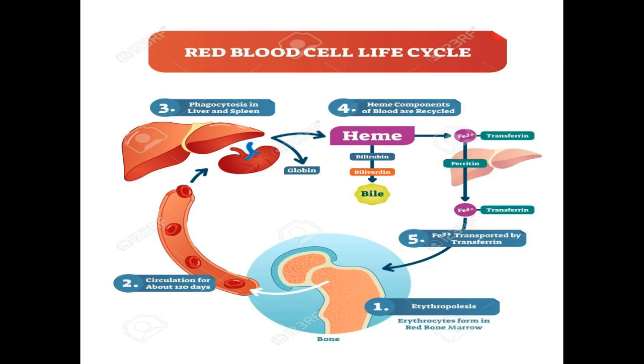Bile helps you emulsify fat. So the 120-day-old cell is recycled or broken apart between the liver and the spleen. The liver then has the capacity to take the pieces that are usable and package them so that they can go to the bone marrow, and then a portion of heme will be turned into bile or used in bile.